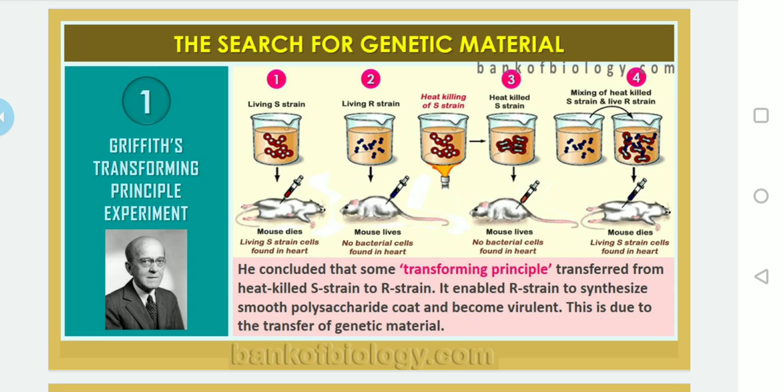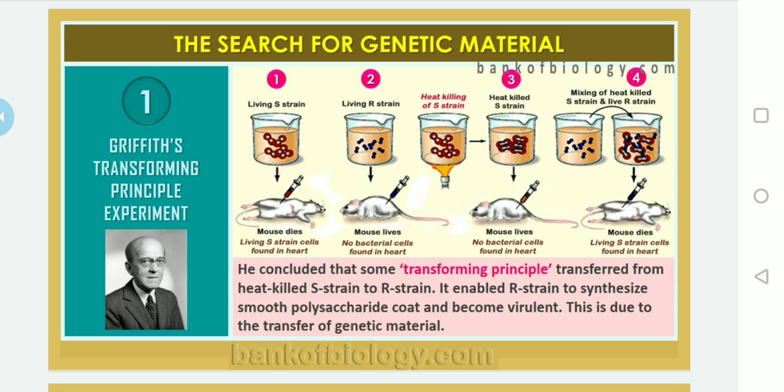Whenever they develop the smooth polysaccharide coat, they become virulent S strain. So this is how the transformation of the R strain to the S strain is due to the transfer of genetic material. Are you getting what I am telling?